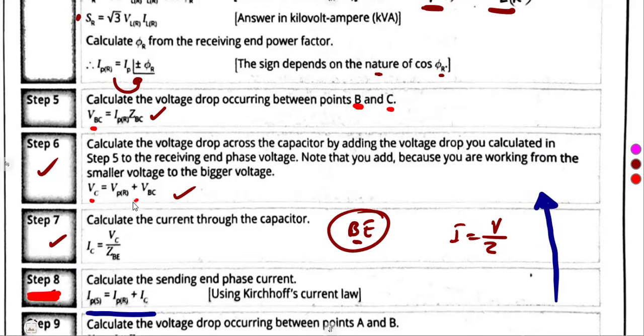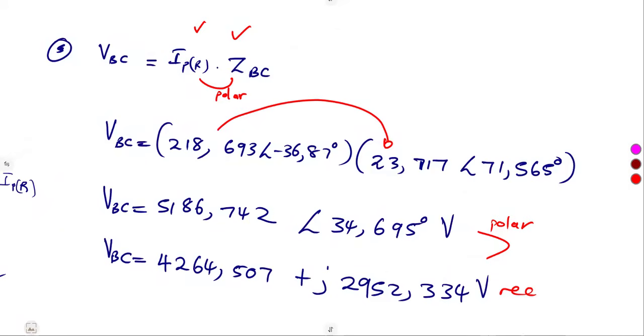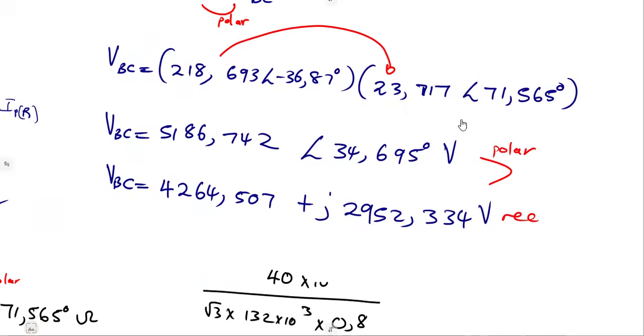And remember, addition, like I said, is best done in rectangular form. So you must take the receiving end phase voltage and VBC in rectangular form and add them. That will be our step 6.